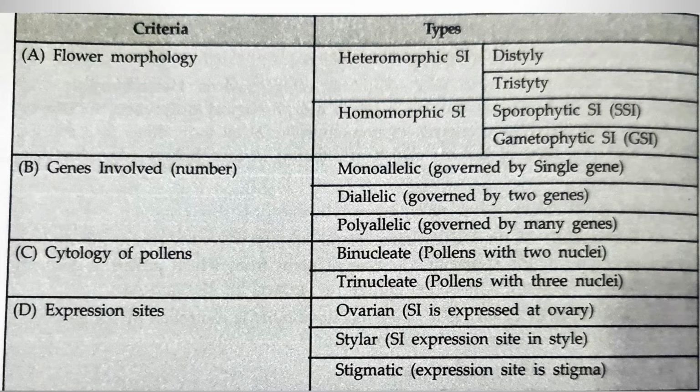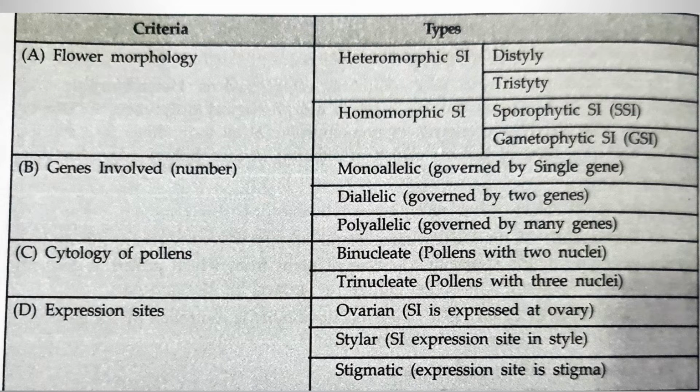the cytology of the pollen grain also plays a role, because when the dehiscence of pollen grain takes place, some pollen grains are two celled, the generative cell and the tube cell, and in some pollen grains the generative cell divides to form two male gametes or two sperms. So, those are trinucleate.